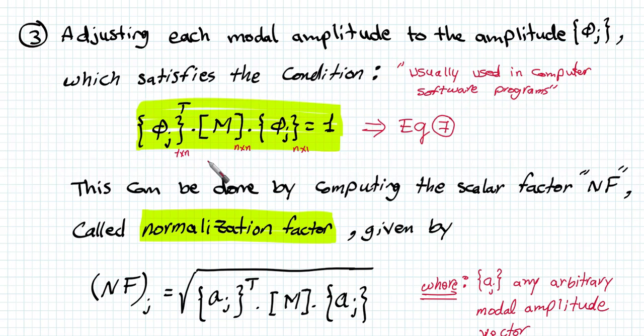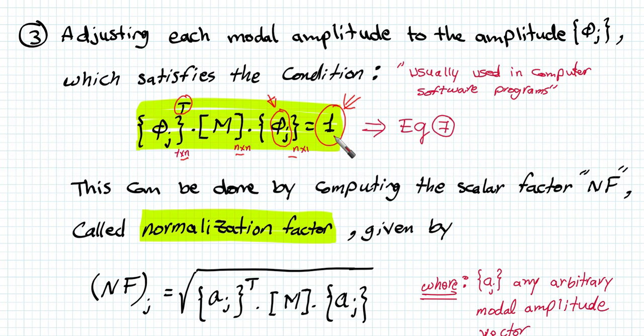So in this case, we are going to normalize our mode shapes such that the normalized mode shape phi j transpose, times the mass matrix, times the vector of the normalized mode shape, is going to give us 1 at the end.